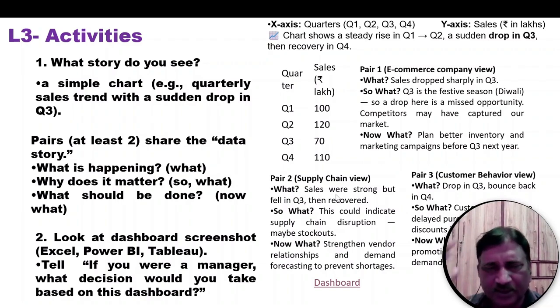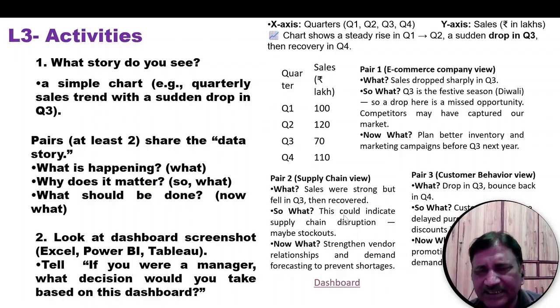Now let us see what pair two will be doing in so what and now what. This could indicate supply chain disruption, maybe stockout. Here, 'could indicate' means this is some indication, intuition or feeling.